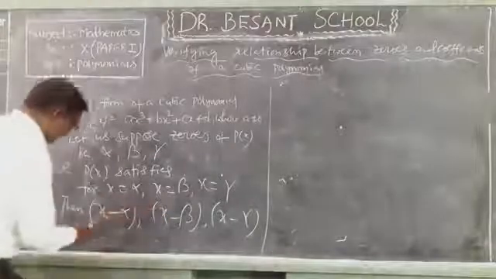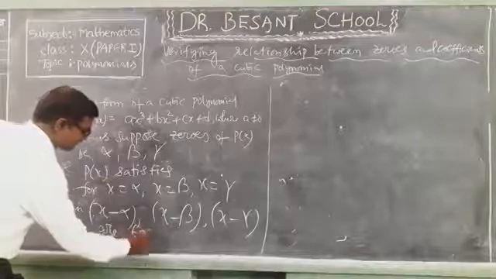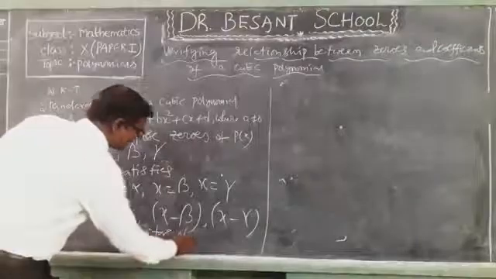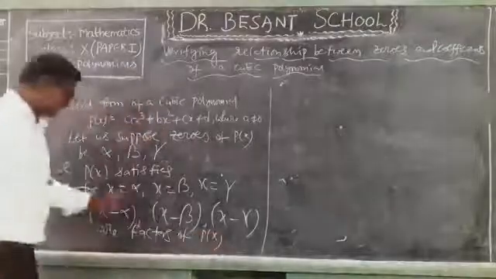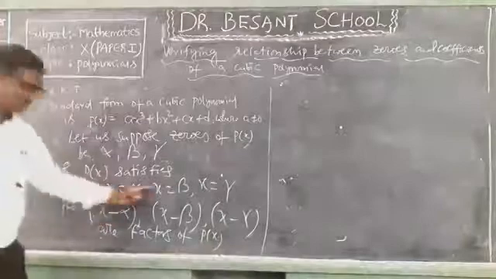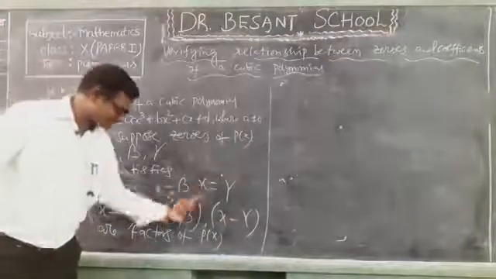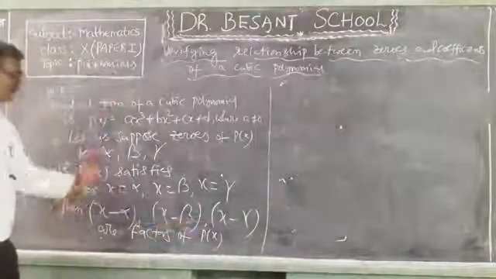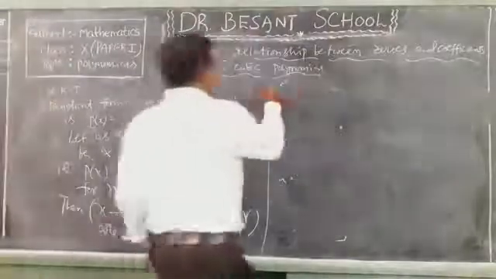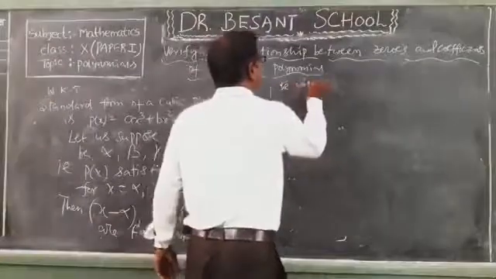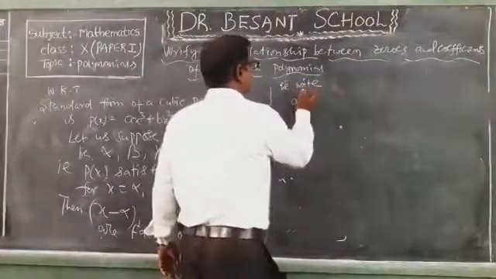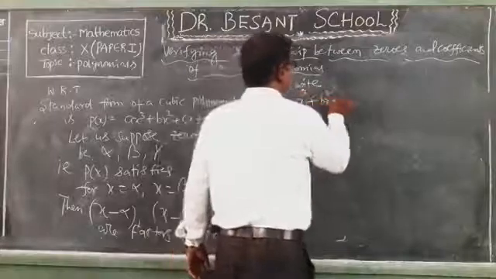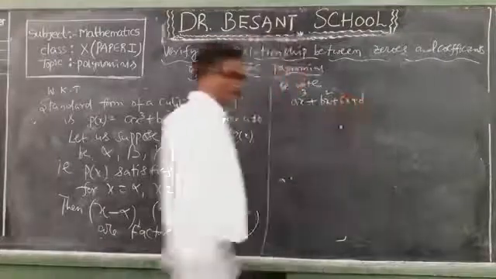See, these are factors of p of x. X minus alpha, x minus beta, x minus gamma, these are the factors for p of x.